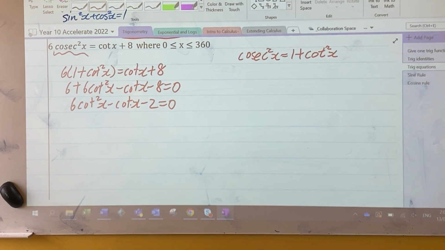We can't take it out like that. Just have to be very, very careful with those things. We have to factorize using the methods which we did last term. These are the Year 10 skills. You just have to go back and revise if you're not sure how to do it now.